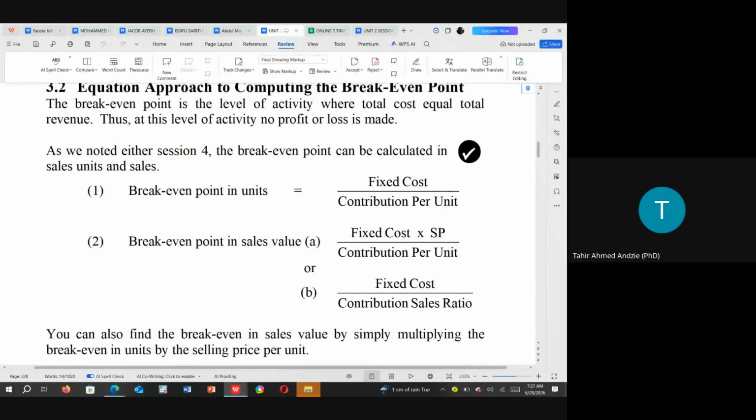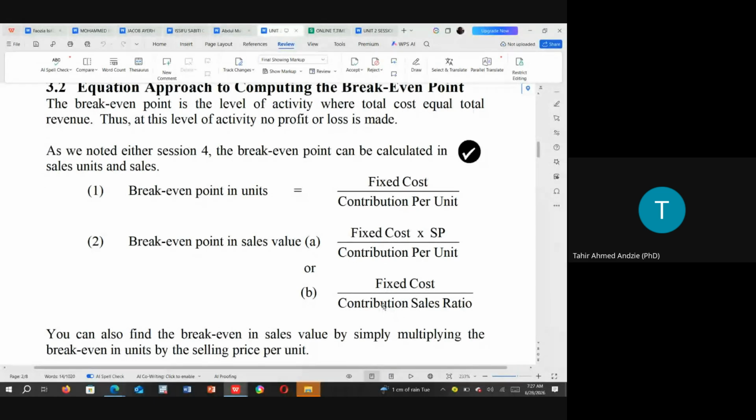So it's fixed cost over contribution per unit times selling price, because we divide the fixed cost by the contribution per unit, and then what we get is multiplied by the selling price, right? Or you can also determine the break-even sales value by dividing fixed cost by the contribution margin ratio.